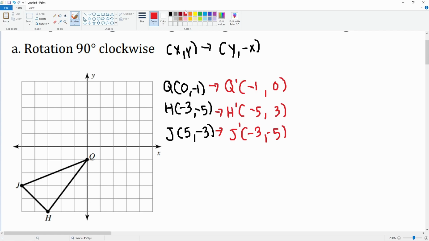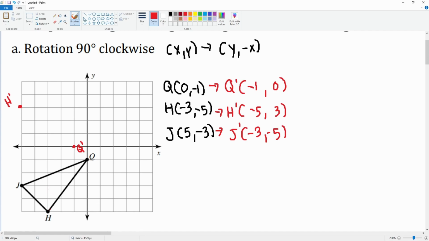Now let's plot those points. -1 comma 0, this is where Q prime is. H is at -5, so 1, 2, 3, 4, 5, then 1, 2, 3, this is where H prime would be. And J would be at -3, 1, 2, 3, and 1, 2, 3, 4, 5.